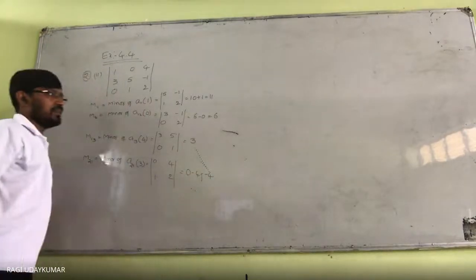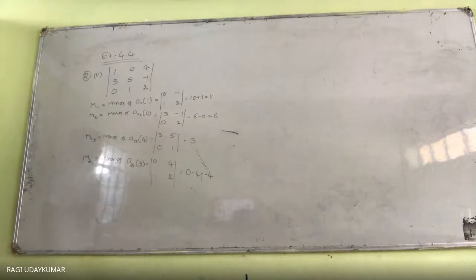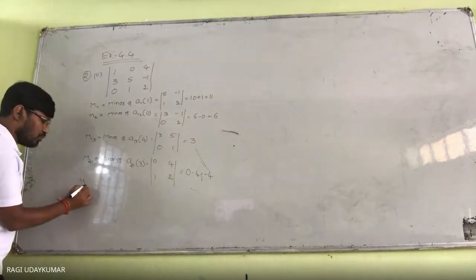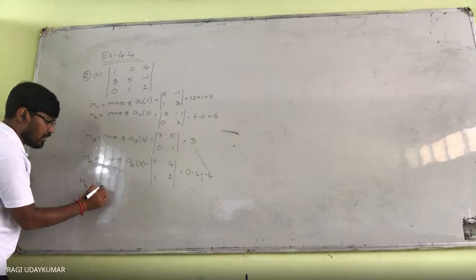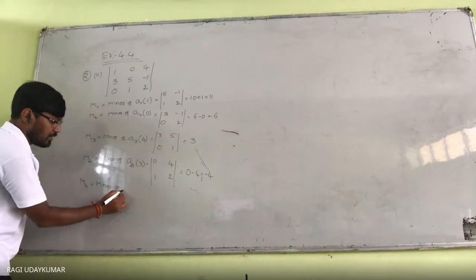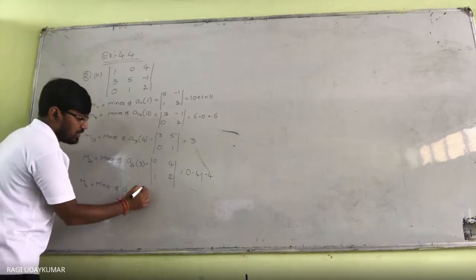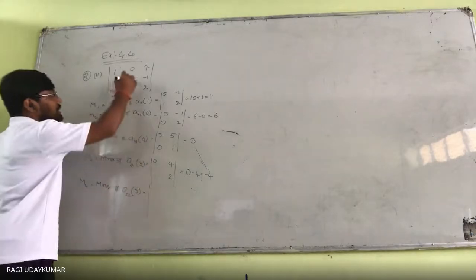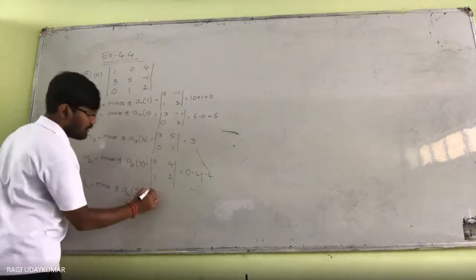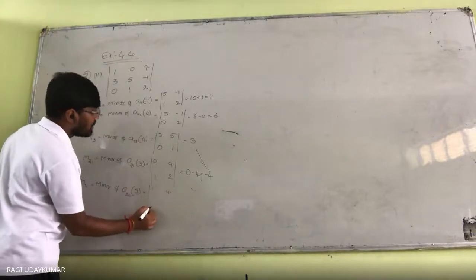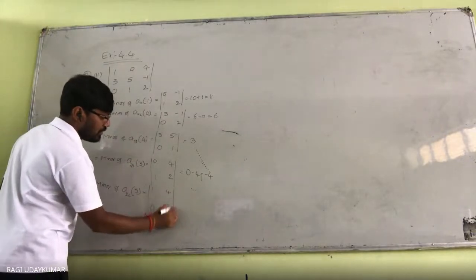So be careful when you are writing this. Next, M22 is the minor of A22. What is A22 here? It is 5. Delete this row and this column. So we get 1, 4, 0, 2, which equals 2.